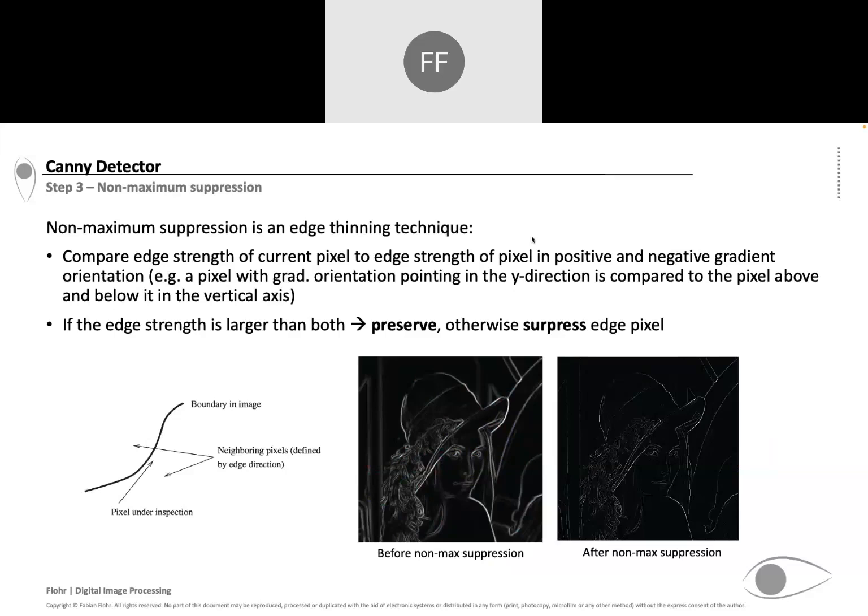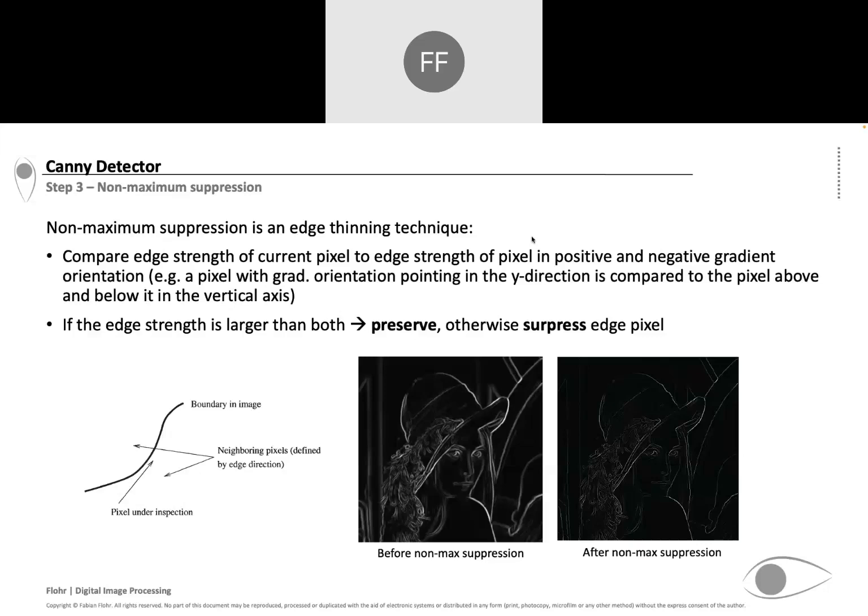So those were the first 2 steps, right? We now have the orientation and the magnitude. And now we use non-maxima suppression to thin our edges out. We use the orientation at each place for that. So we compare the edge strength of the current pixel to the edge strength of the pixel on the positive and the negative gradient orientation side. So we look left and right in this part of the image.